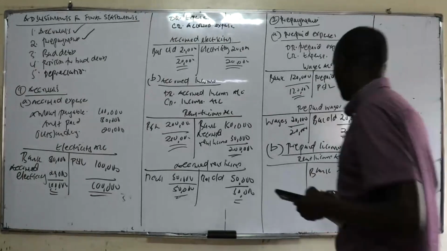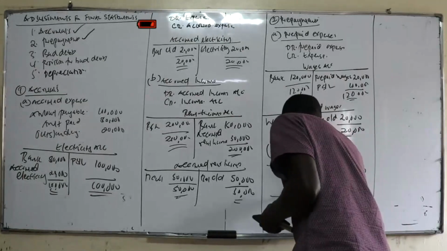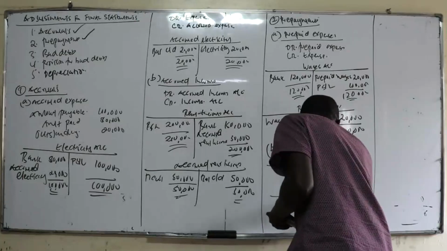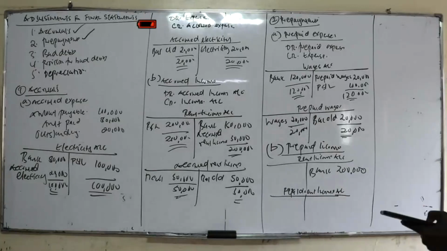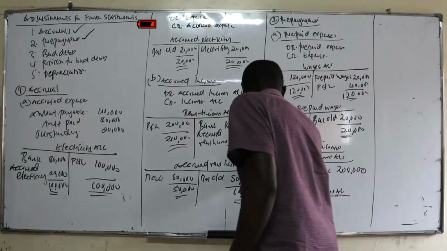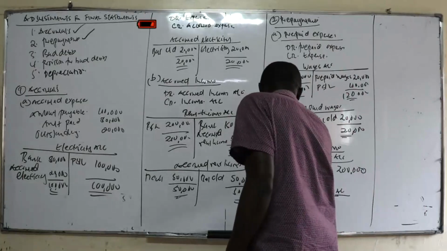But we are aware, so here we have prepaid rent income. We are aware that 100,000 is not for the current year, so we need to adjust so that we remain with what relates to the current year. So we're going to write here prepaid rent. We're going to deduct prepaid rent here. We're going to write here 100,000.